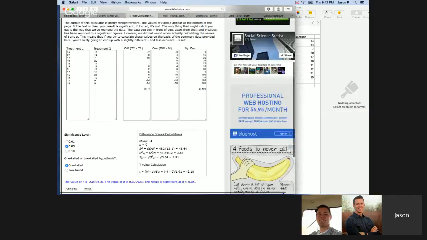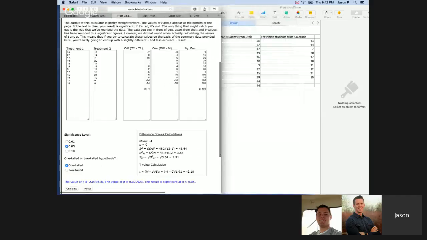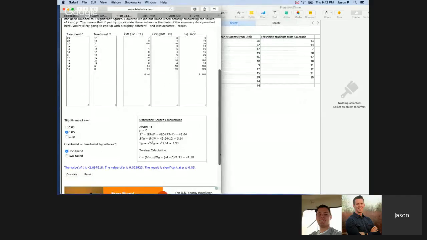Okay, so the t-value is negative now, which is normal. You can have negative z-scores, so negative 2.098. And then the p-value is 0.030.